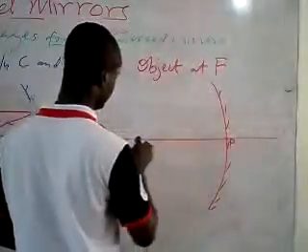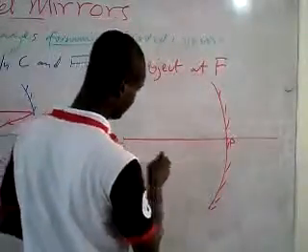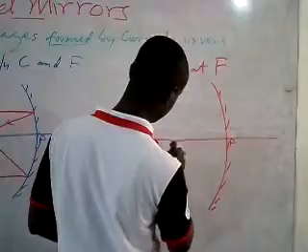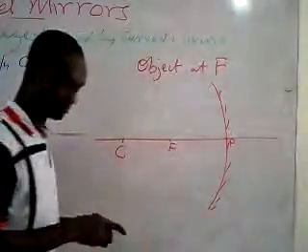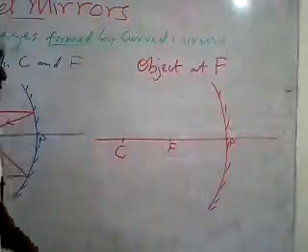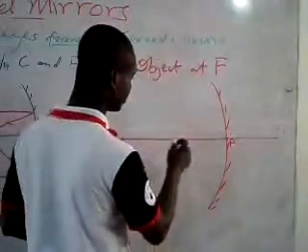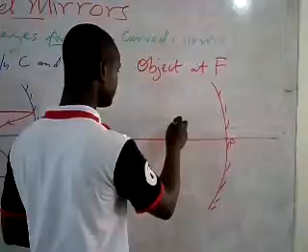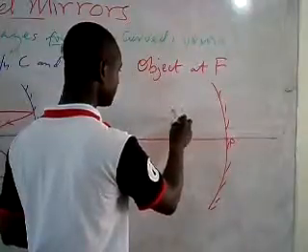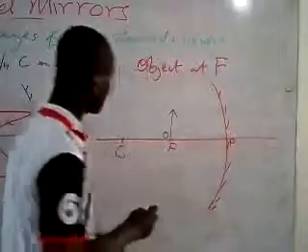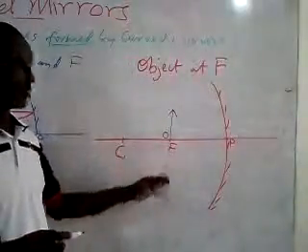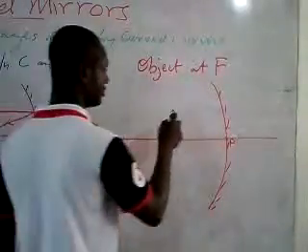The pole, center of curvature, and this is the principal focus. This time round, I place my object O at F. Then you follow the same rule.